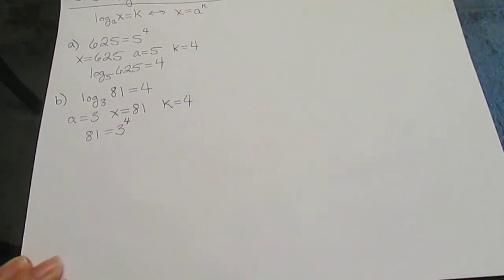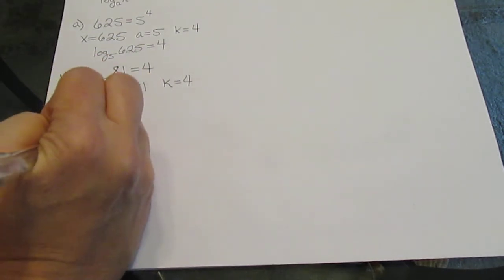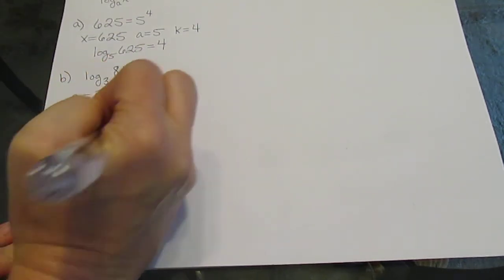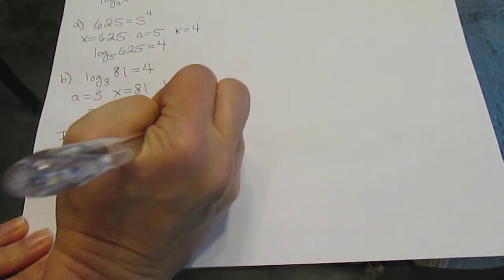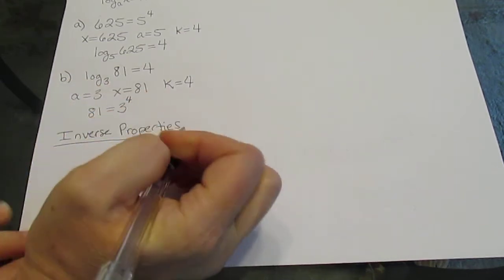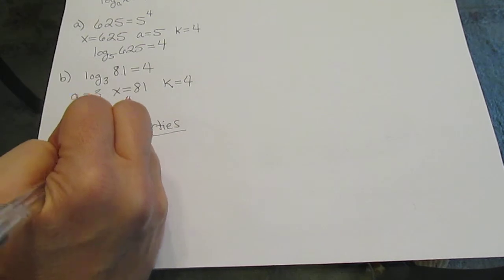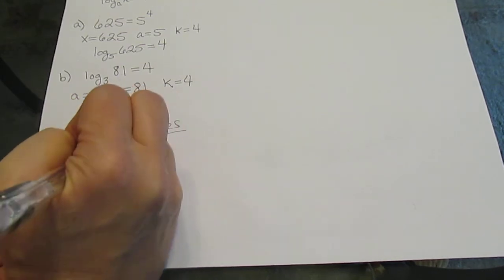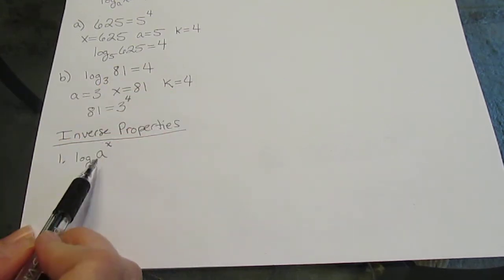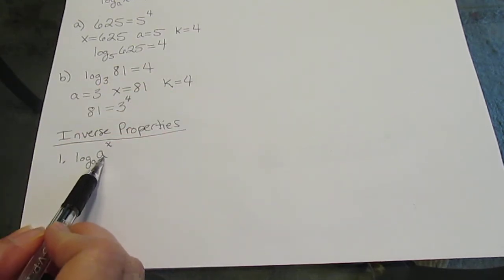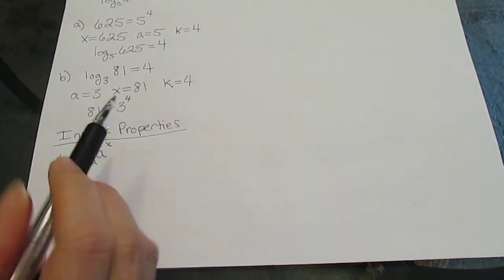The next thing I want to talk about is the inverse properties. Okay, and the first inverse property, if you're given log base a of a to the x power, if these two numbers match, then this all simplifies to just the power.